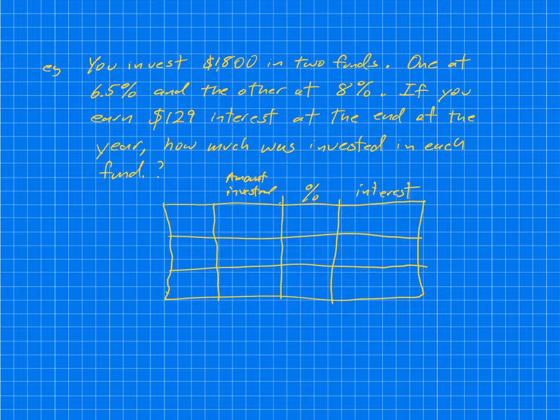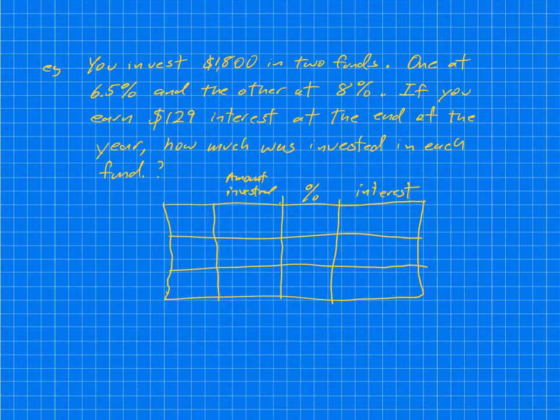Well, I know it seems strange to say that an investment is very much like a mixture problem, but this is like the solution, the original quantity that we have. And when I say percent, this is how we figure out how much. It's a percent of the money that you invest that gives you the interest that you get.